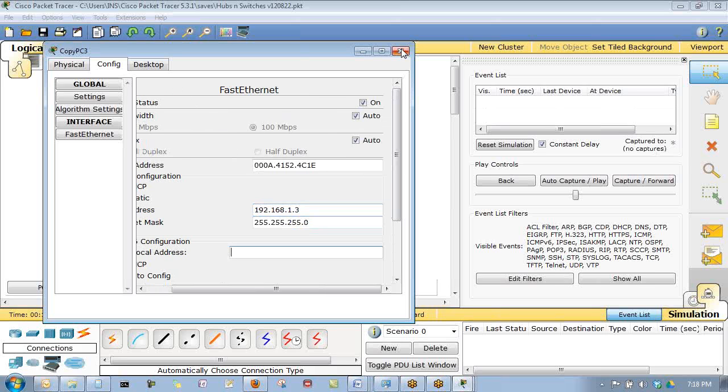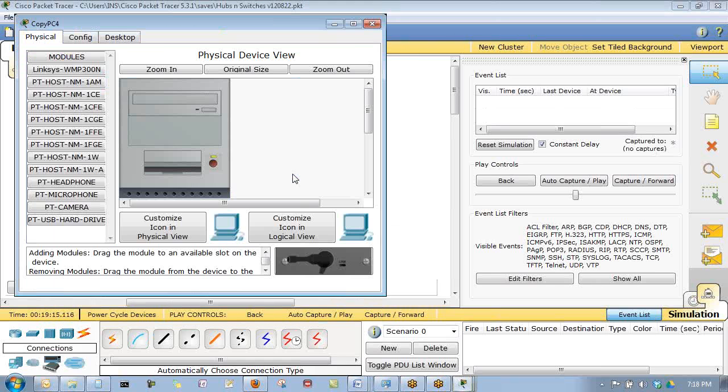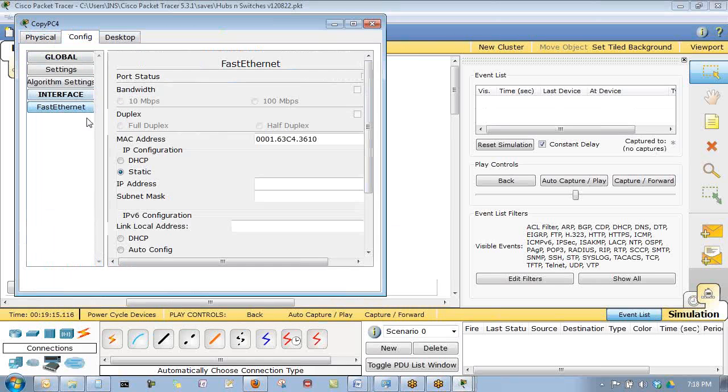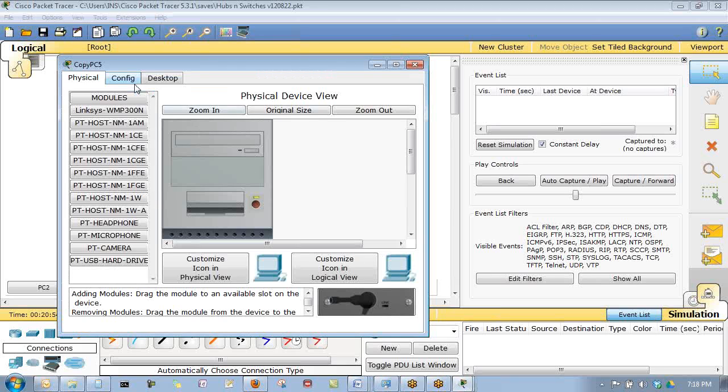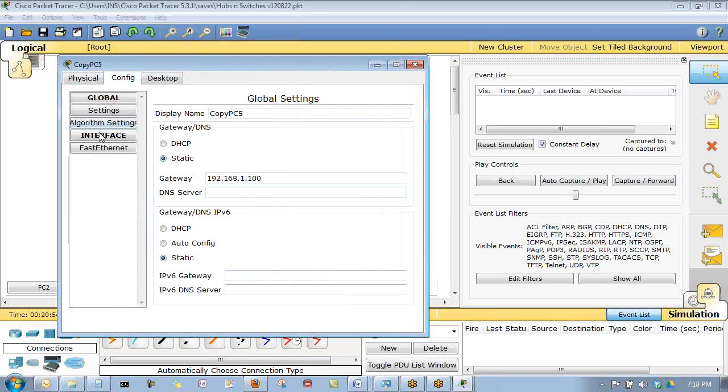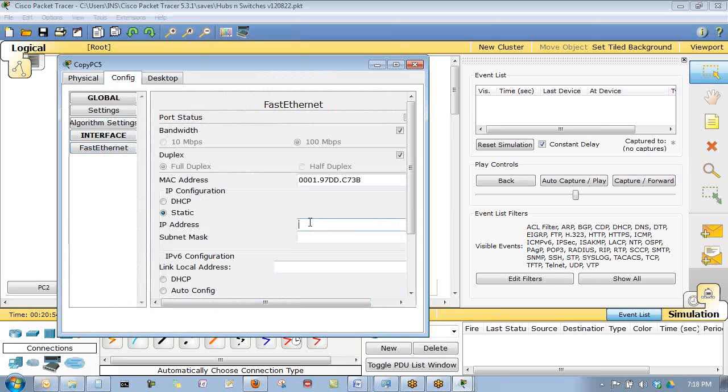And close that. 192.168.1.4, and finally 192.168.1.5, and we better do the switch because I imagine the switch doesn't have its IP address. How did I just blow that away? 192.168.1.5.